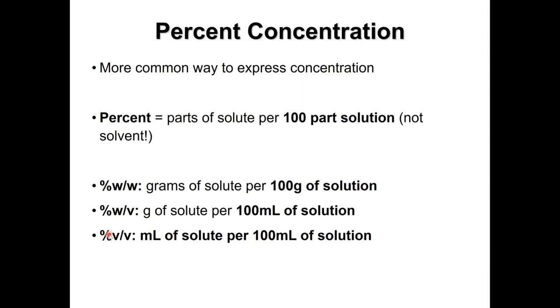Same thing when it comes to percentage volume over volume. Parts of solution are expressed as 100 milliliters of solution, but parts of solute are referred to as milliliters of solute. So if you have a 7% volume over volume solution, what it would mean is 7 milliliters of solute per 100 milliliters of solution. This is a very direct way to express concentration, so solutions are quick to make.